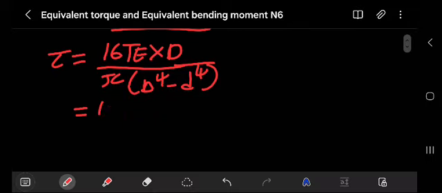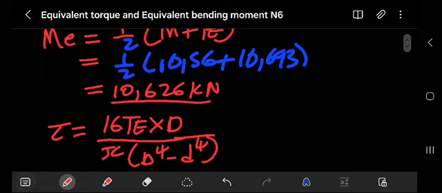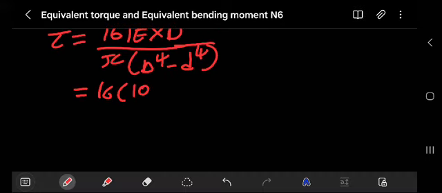They said it's a hollow diameter. Remember, we have 16 TE. We did calculate this value, 10,693.